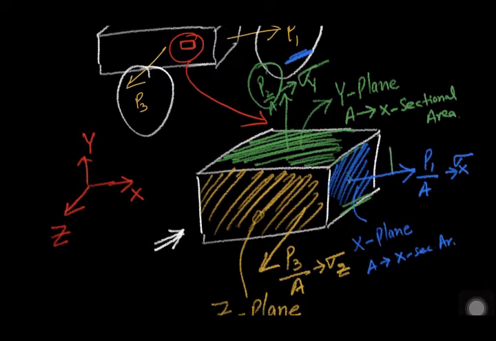Therefore it will generate a shear stress. So on plane x, it will be P2 over A, leading to a shear stress on the x plane. And since this is due to P2 in the y direction, we write tau xy.